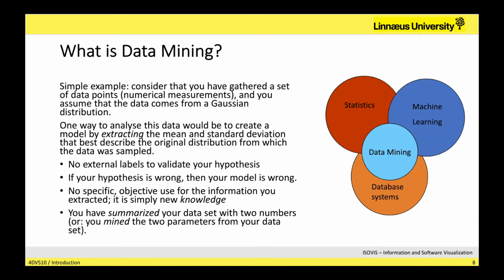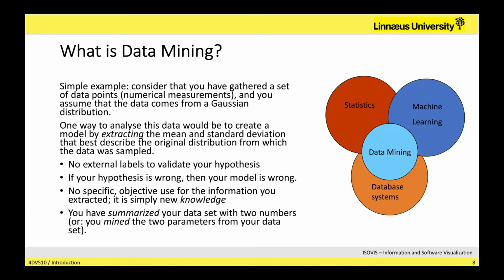And I want to somehow extract something out of this. I don't have external labels to validate my hypothesis. I don't have anything specific that gives me a specific goal to search. I'm just trying to find the best fit for the original data distribution as possible, right?